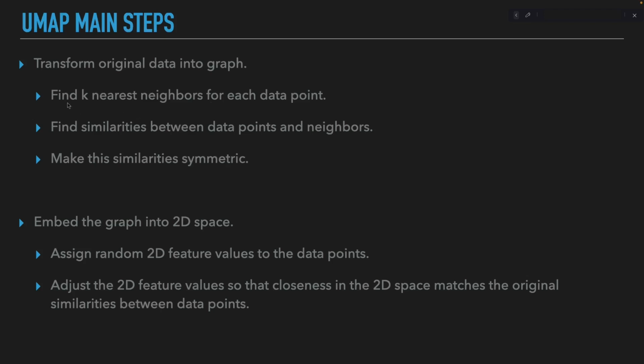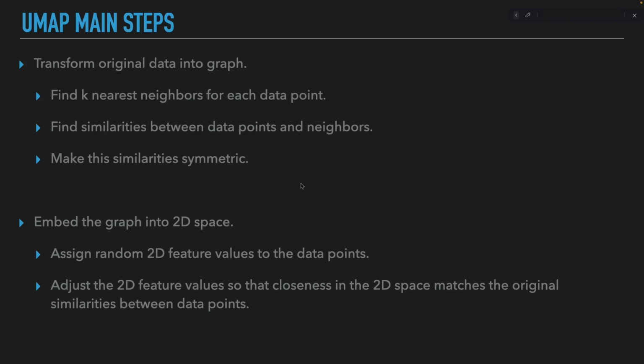First we must find k nearest neighbors for each data point, and after that our next task is to find similarities between data points and neighbors, and after that we will make these relationships symmetrical, and we will use this to form the weights of the edges in a graph.